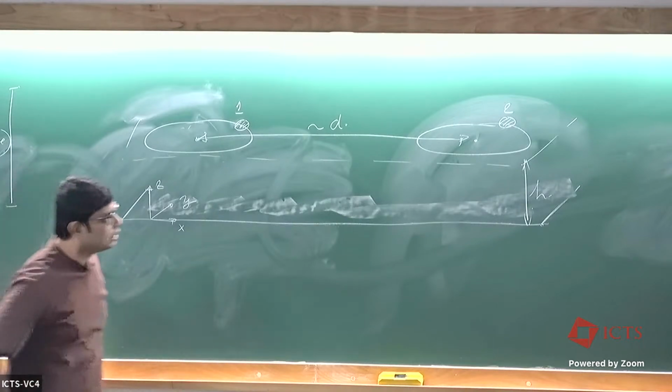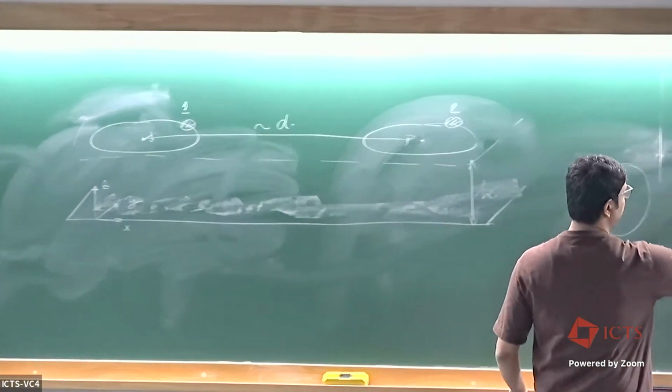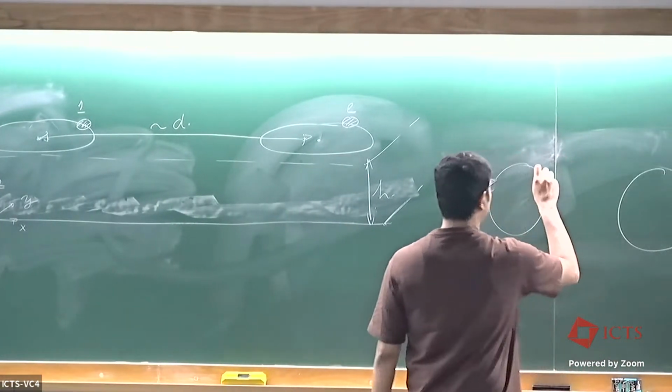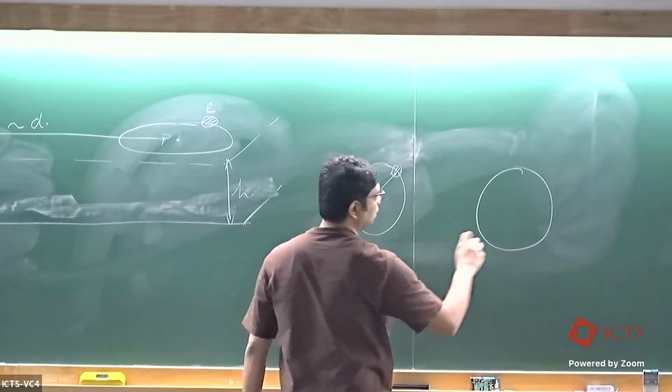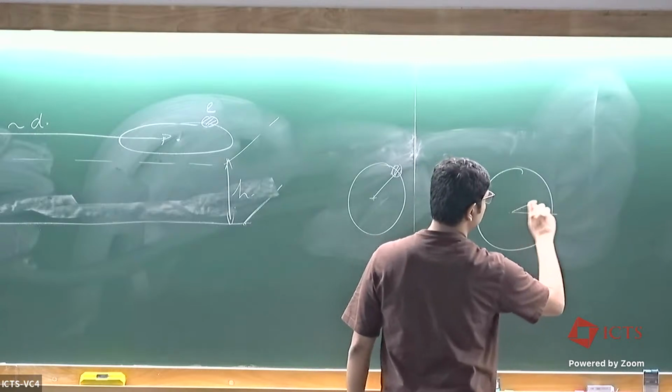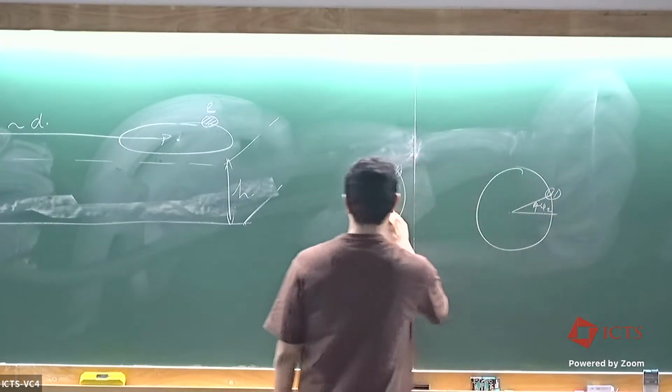Okay, so let me draw these things on the xy plane. There is one particle here, and there is another particle here. Let's call this phi2, and this phi1.